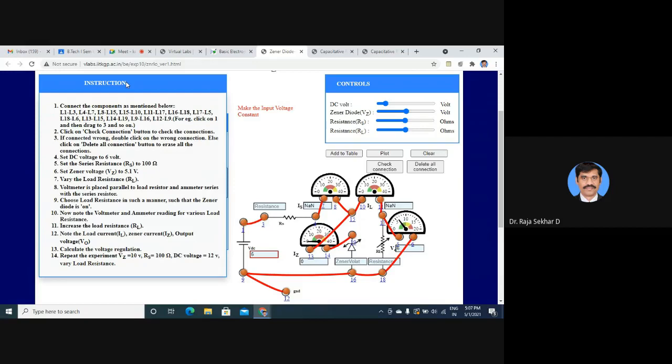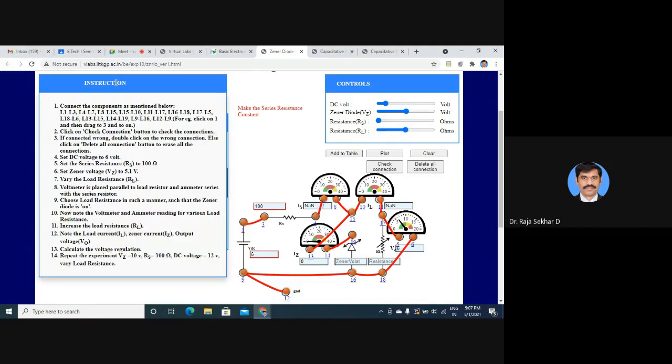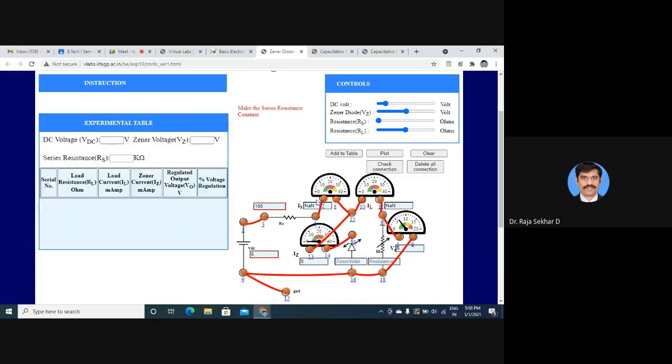Set the series resistance RS to 100 ohm, this one. This is 100 ohm. And set the Zener voltage VZ to 5.1. Here it is appearing, 5.1.